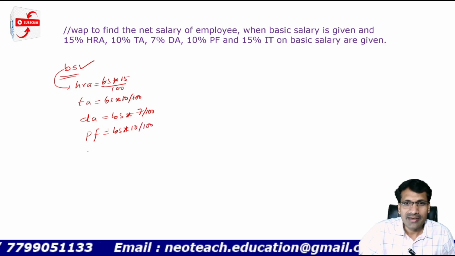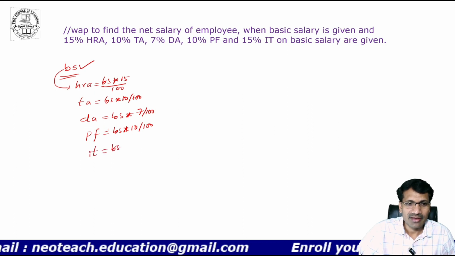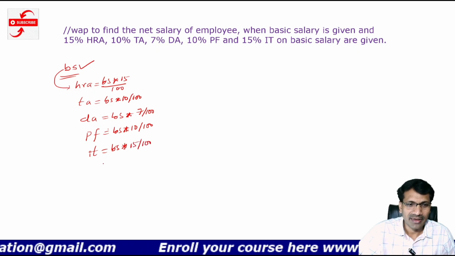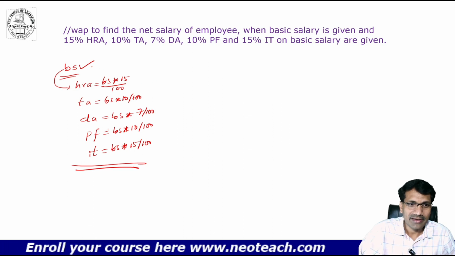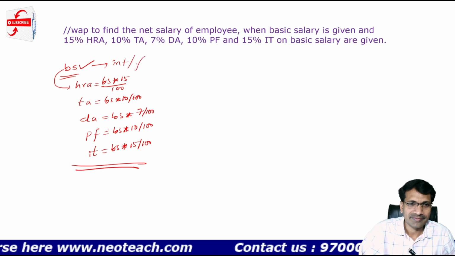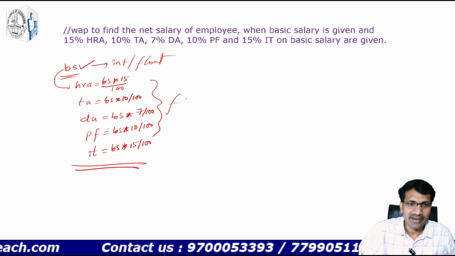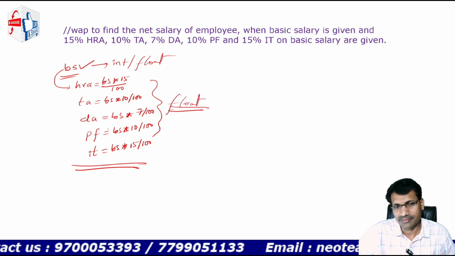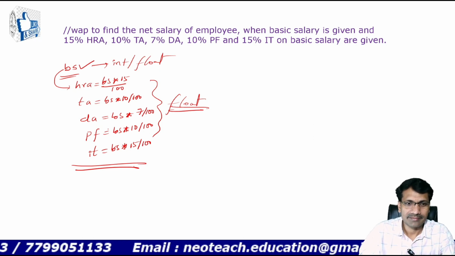And after that IT, income tax, is on basic salary 15 divided by 100, like this. Okay, so now you examine, for basic salary you can take integer or float. But all of these require float because of the division, and it is better to take all as float. Okay, so I will write this program, so let me check.